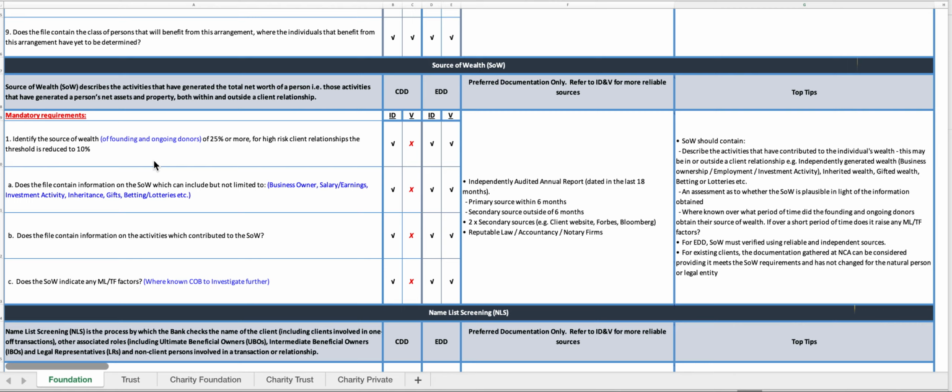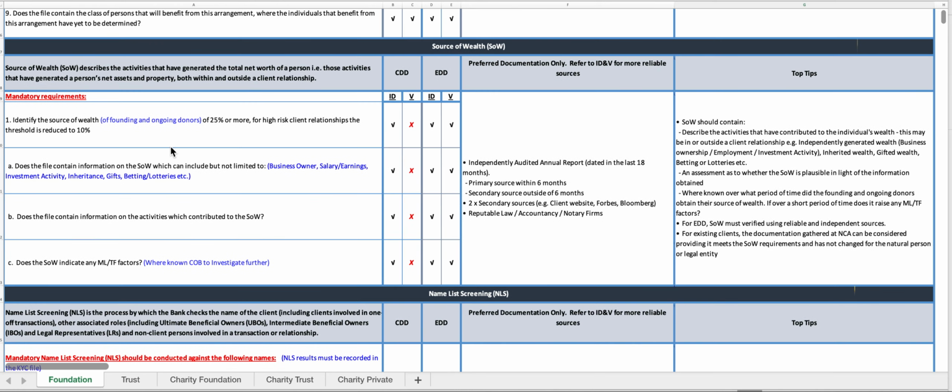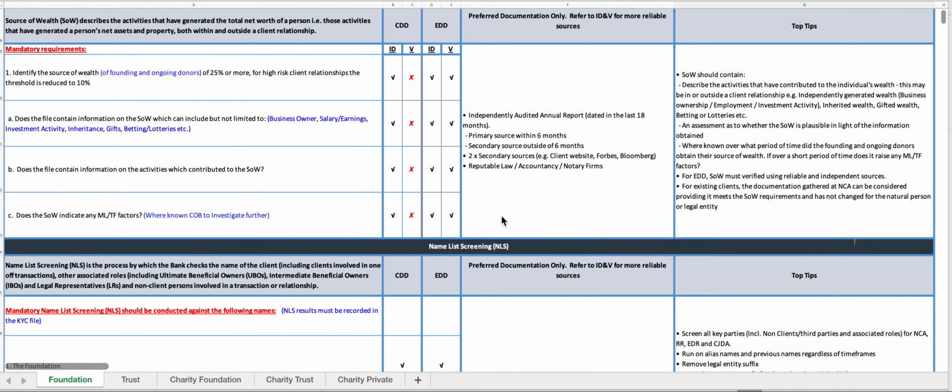Does the file contain information about activities which contribute to the source of wealth? And does the source of wealth indicate money laundering or any kind of terrorism finance factors? A lot of this information you can obtain from secondary sources, client websites, Forbes, Bloomberg, also primary and secondary sources.